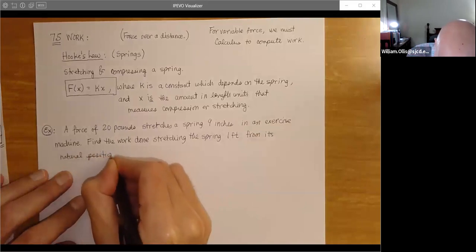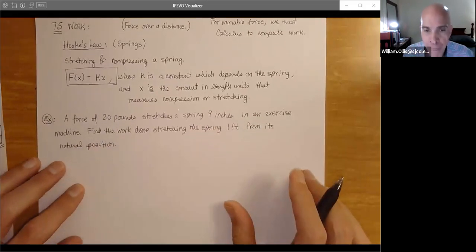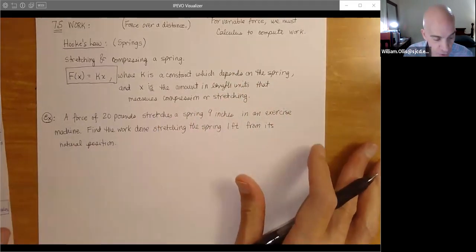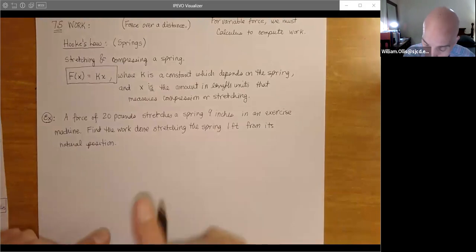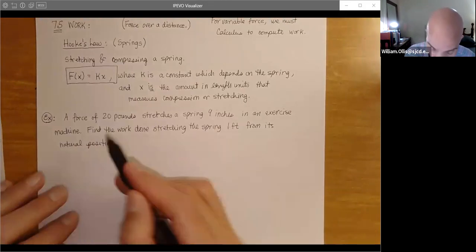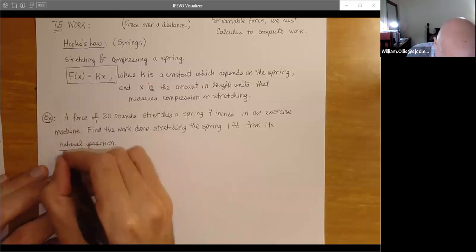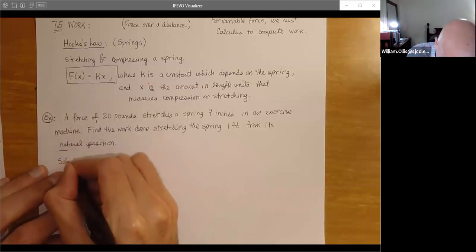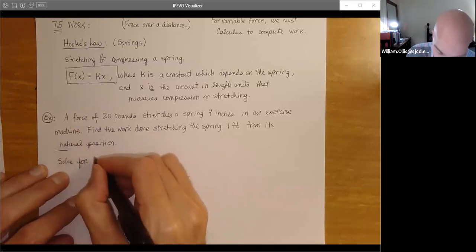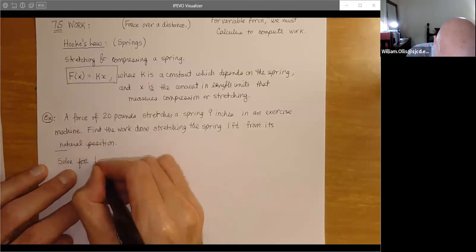So again, this is a very simple and straightforward problem. Not every problem has to be difficult, but it's a good way to get started with these ideas. So notice we don't have a K for this particular spring and we can solve for it. So first, solve for K. Don't worry so much about units until we state the final answer.